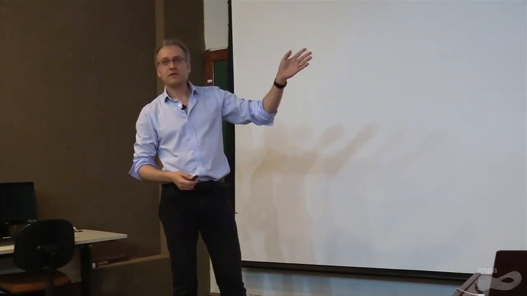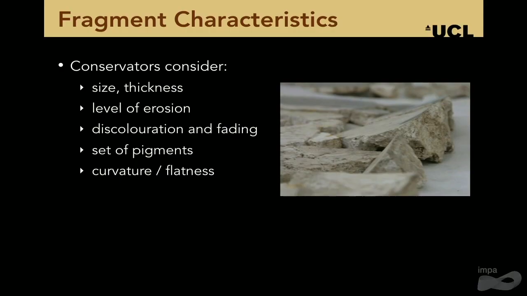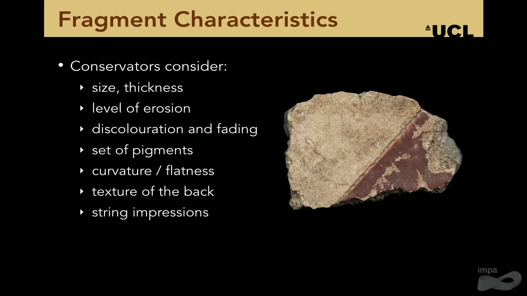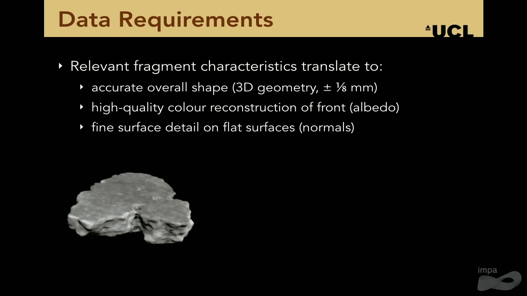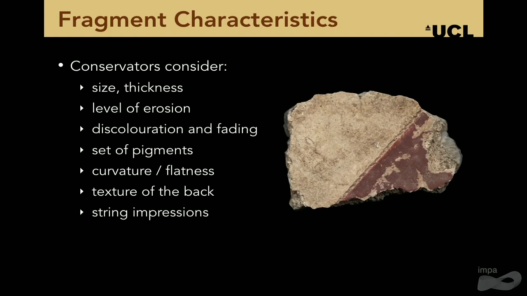So that's another indication. And there are various criteria, and the conservators basically say that all of those collectively inform which sets of fragments are going to be compared against each other. So that was basically the key set of criteria that we said should inform what we're going to acquire.